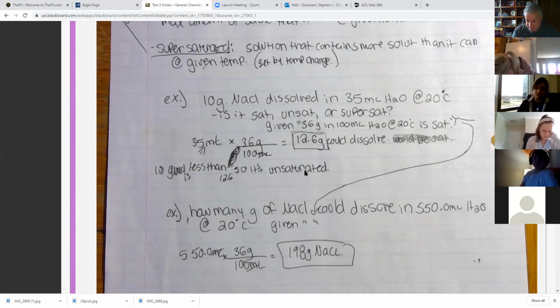Why did they use grams? I know that he was given the grams of NaCl. Why didn't whoever did these notes convert it into moles so it would be moles over liters? Because then you would have to convert this to moles.